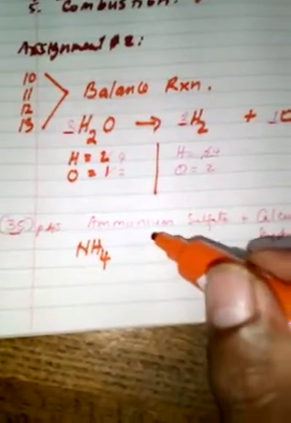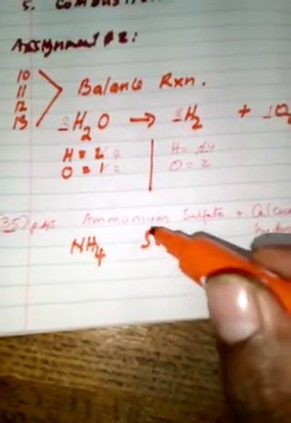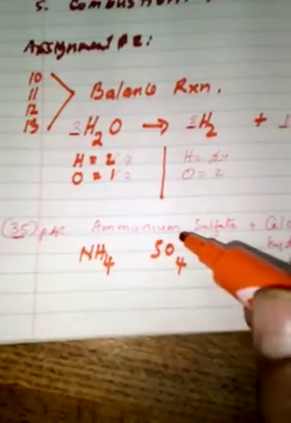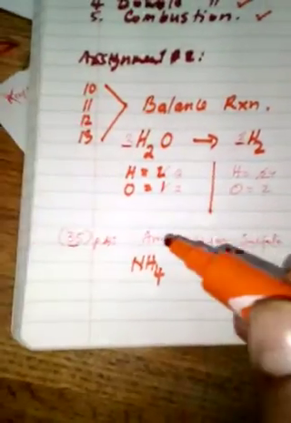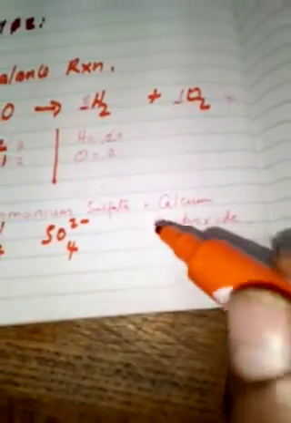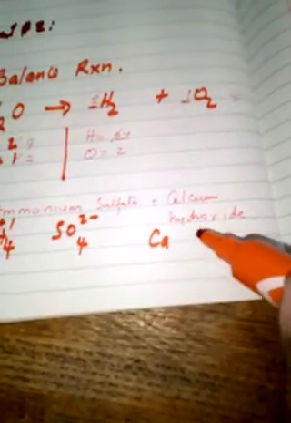Ammonium sulfate: ammonium, NH4, sulfate, SO4. What are the charges? Plus 1, minus 2. Check your notebook. What about calcium hydroxide? What are the charges? Plus 2, minus 1.